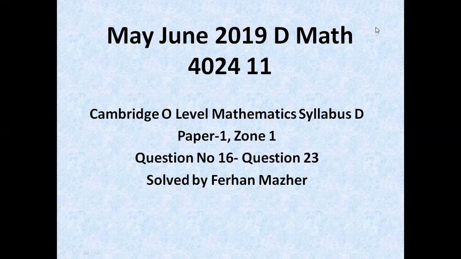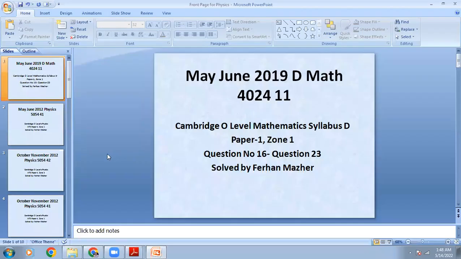This is the second video on this paper. We have already done one video on this paper. In that video, we did question number 1 to question number 15. Today, in this video, we will try to solve from question number 16 to question number 23. So let's start today's paper. We will be starting from question number 16 of this paper.